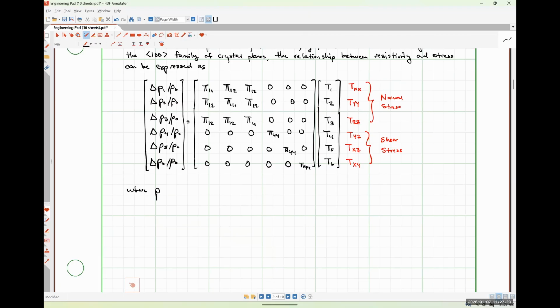So where rho sub naught is the isotropic resistivity of the unstressed crystal, and the pi ij piezoresistivity coefficients are the components of the piezoresistance tensor.